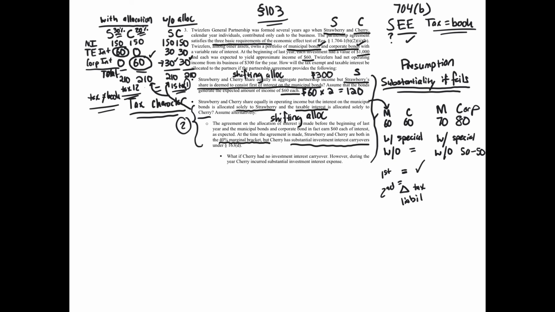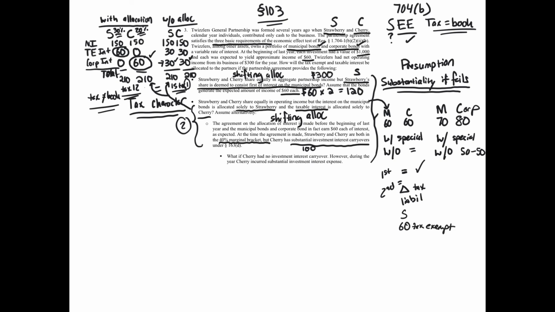What about the second? Well, in this situation right here, we're told that cherry has substantial investment interest carryovers. Let's say that, I don't give you a number, let's say that cherry has 100 of the substantial investment interest carryovers, right? They carried over from a previous year. Well, strawberry has 60 of tax exempt, right?